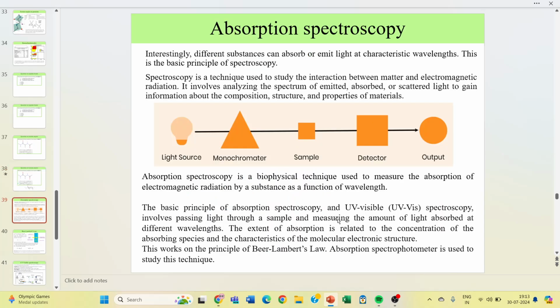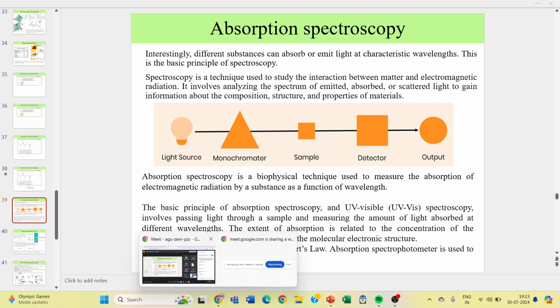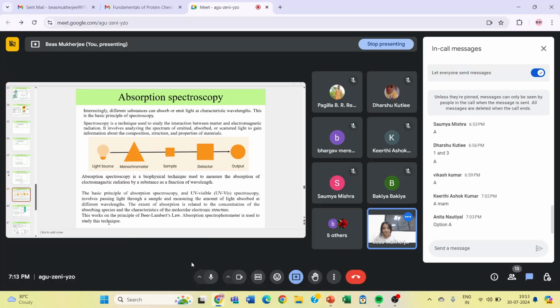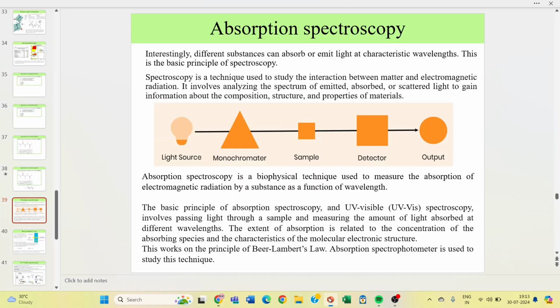Right. So now we will go to absorption spectroscopy and try to understand how amino acids behave in the presence of light. Interestingly, different substances can absorb or emit light at different wavelengths. This is the basic principle of spectroscopy.